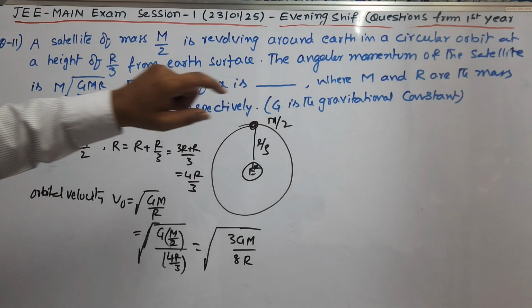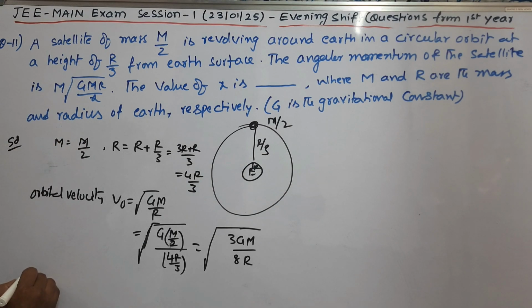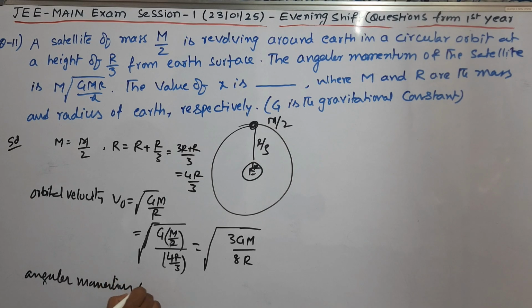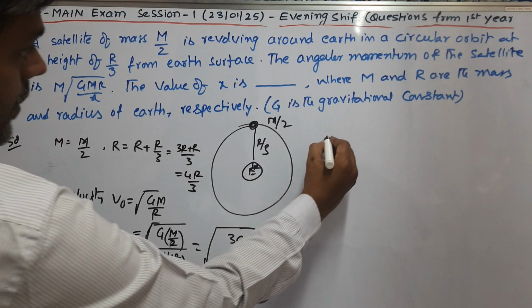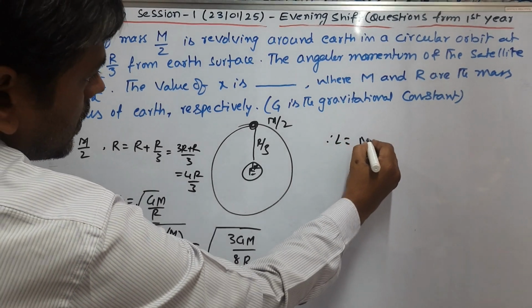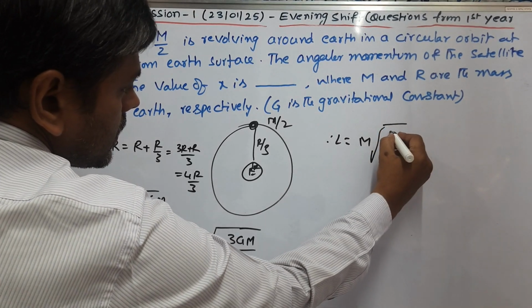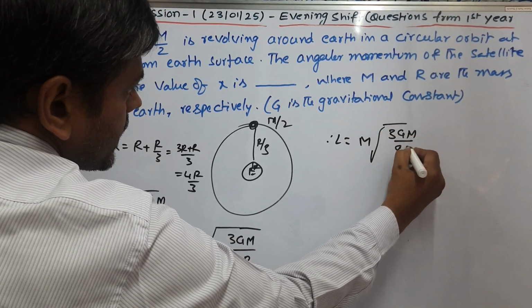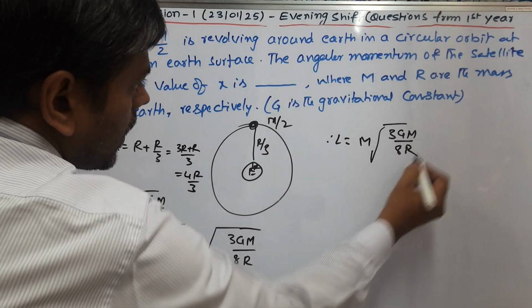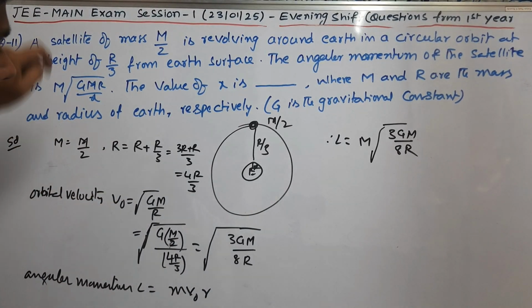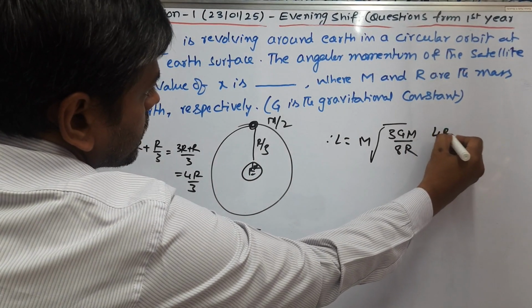The angular momentum of the satellite: L is equal to m v naught into r, mass into velocity into radius. Therefore L is equal to m into the orbital velocity, root over 3 G M by 8 R, into r, where r is 4R by 3.